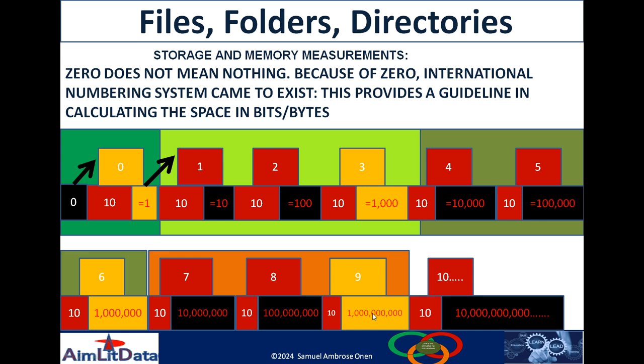They had to do something special. They flipped it. Instead of writing 10 raised to the power of 2, they wrote 2 raised to the power of 10 in order to come up with what is known as kilobyte.